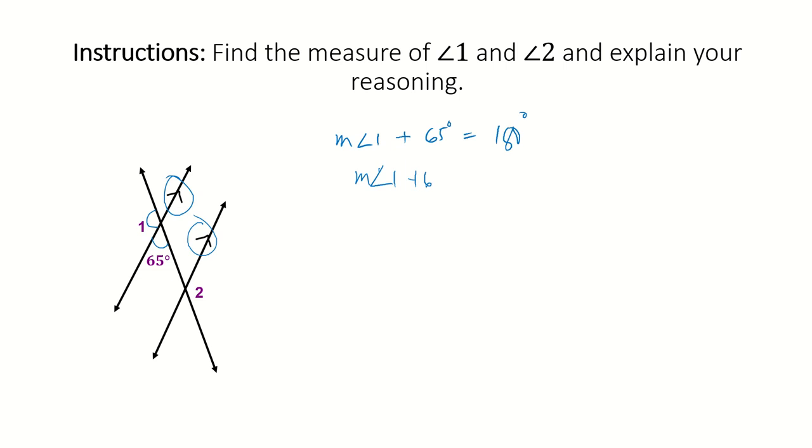So you have to add negative 65 on both sides. Then the measurement of angle 1 is equal to 115 degrees.